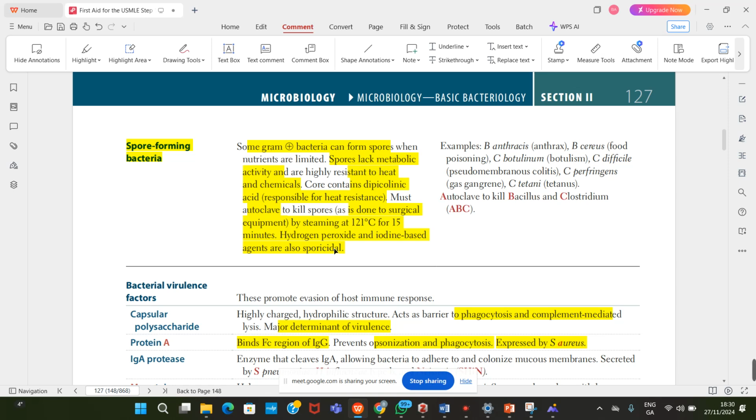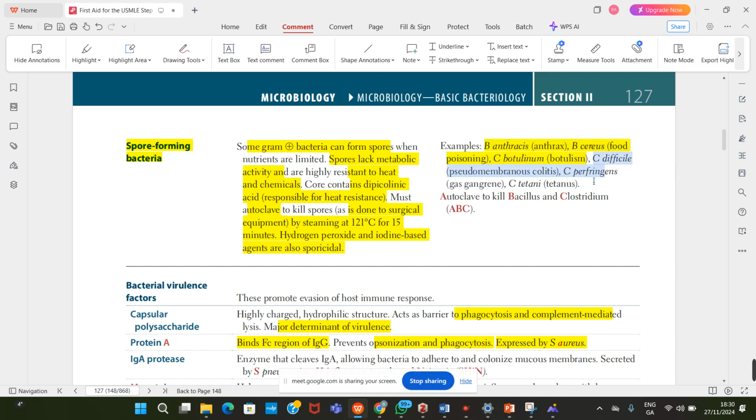So what are these particular spore-forming bacteria? Some gram-positives like the B and the C's. Bacillus produces spores. Clostridium produces spores. So Bacillus anthracis causes anthrax. Bacillus cereus causes food poisoning, right? Clostridium botulinum causes botulism.